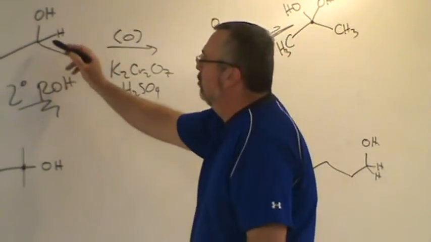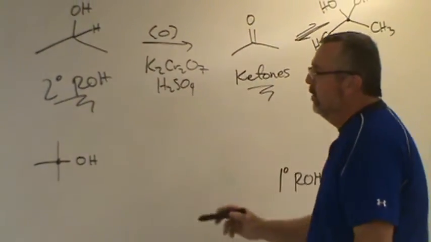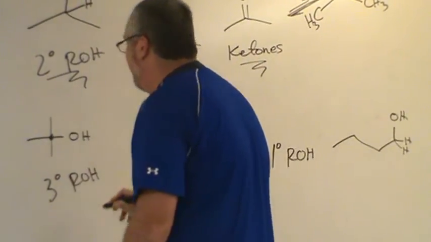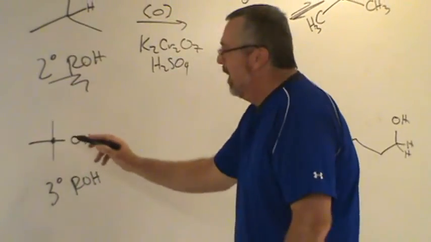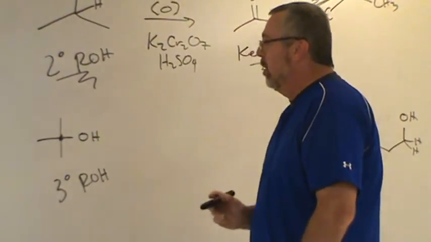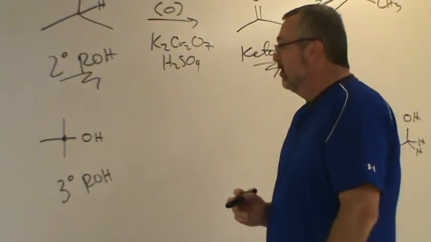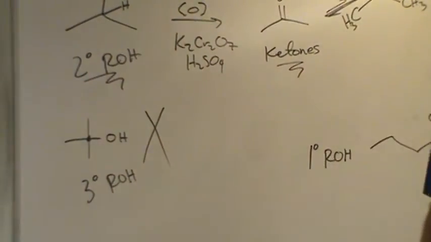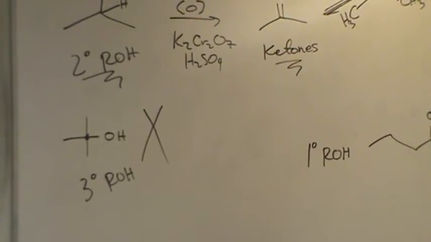Secondary alcohol has just 1 bond to hydrogen, it can only go to the ketone. The tertiary alcohol doesn't have any bonds to hydrogen, it can't oxidize at all. If you try to form a carbon-oxygen double bond there, you're clearly going to be in violation of the octet rule. That carbon would have 5 bonds. So this tertiary alcohol is not even going to react under oxidation conditions. It's not going to form an oxidation product.